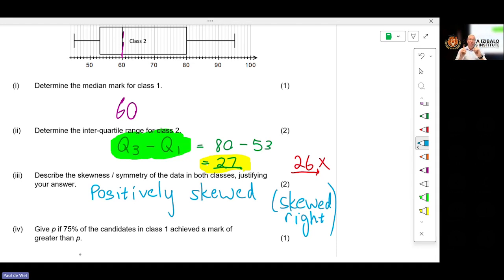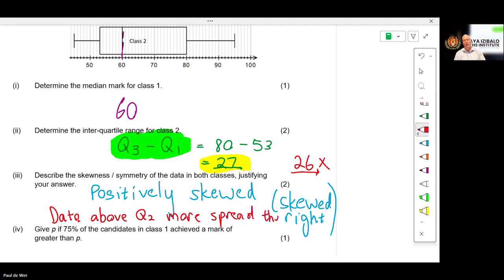There's not more data to the right. There's exactly the same amount of data left and right. But what do we know about the data on the right? It's more spread out. So the reason that it's positively skewed is that the data above the median is more spread than below.